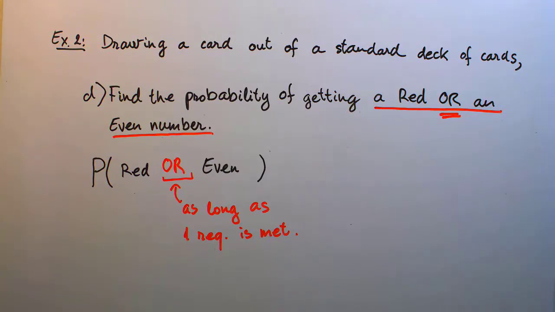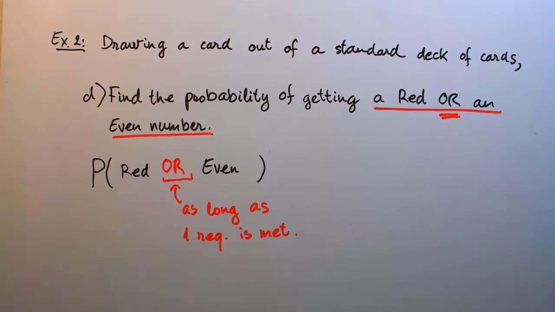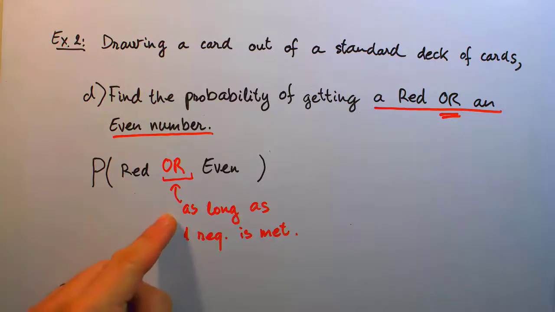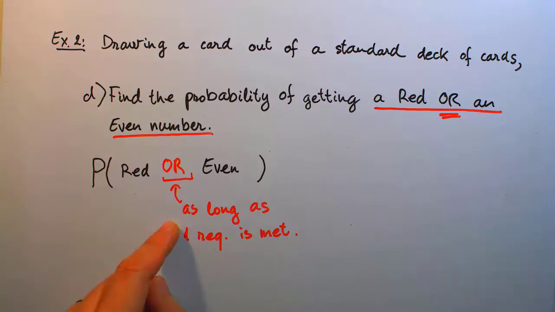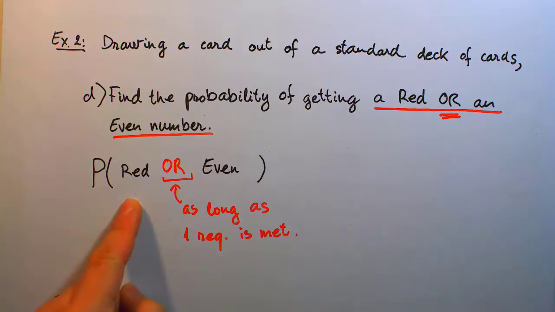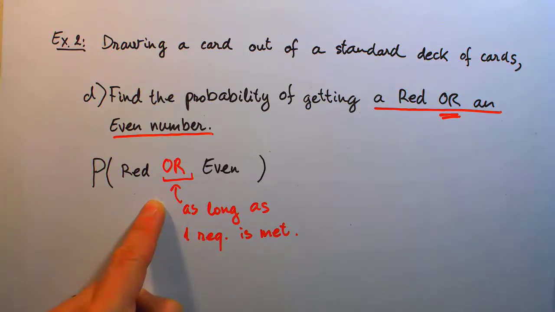So when he says or, he really means as long as you pass one requirement, passing math or passing science is good enough for you to graduate out of the college. Even though it's not explained when we are speaking, the way your advisor advises you means as long as one of your requirements is met, you're good to go. We carry that same exact logic into the or compound event here.